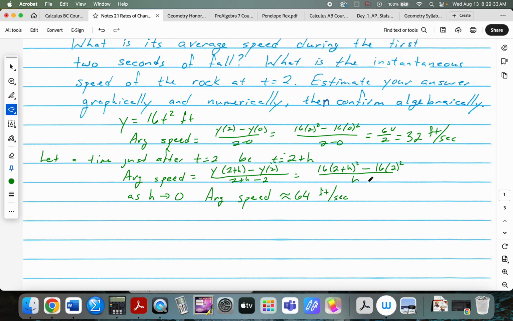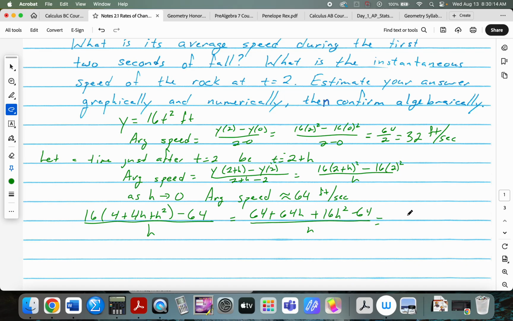Now, to confirm this algebraically, I'm going to go ahead and expand that expression. So that's going to be 16 times 4 plus 4h plus h squared minus 64 all over h, which will be 64, excuse me, plus 64h, plus 16h squared minus 64 all over h.